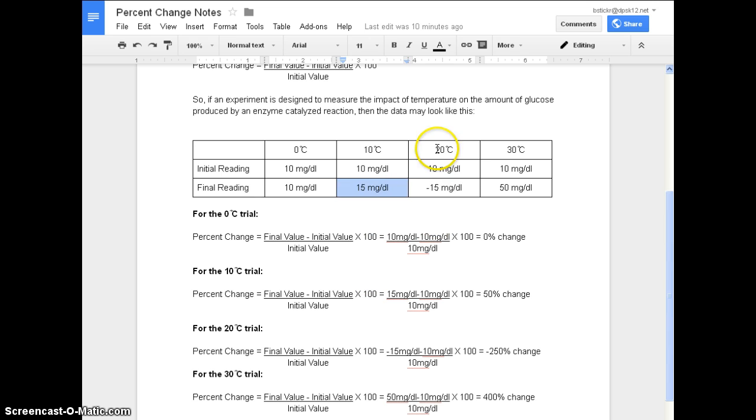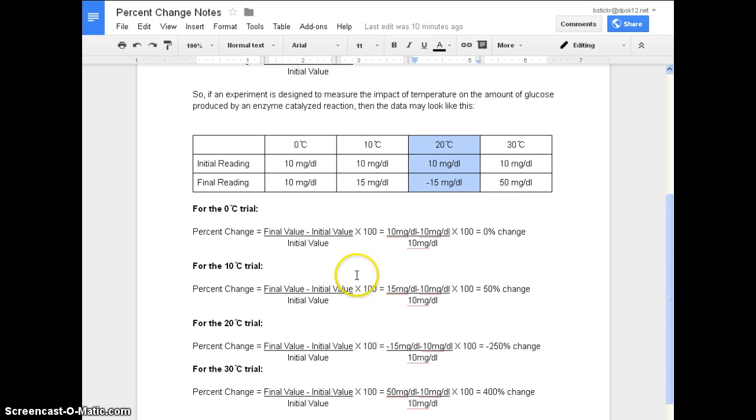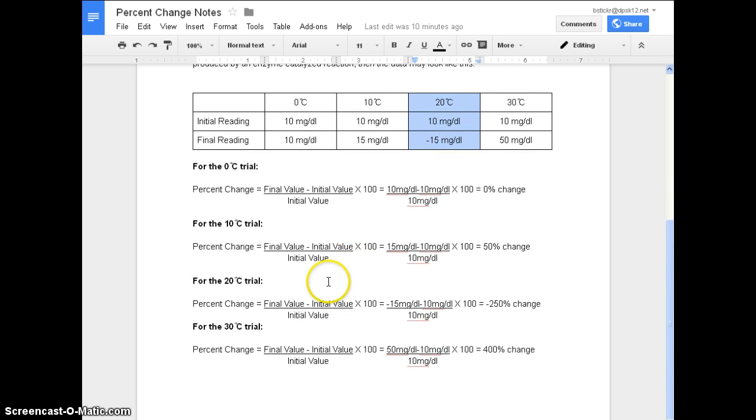In the trial that has 20 degrees Celsius, I made this up just as a demo purpose. We wouldn't expect this data to look like this, but I made it a negative value. So in this case, just so we could talk about what that means, your final value is negative 15. Your initial value is positive 10. So if you take negative 15 minus 10 and divide by your initial value of 10, multiply that by 100, you're going to get a negative percent change.